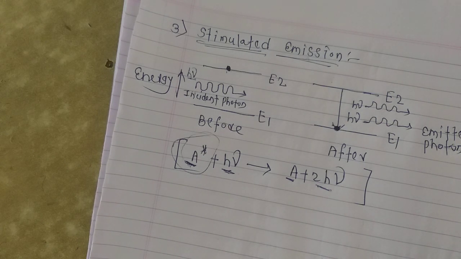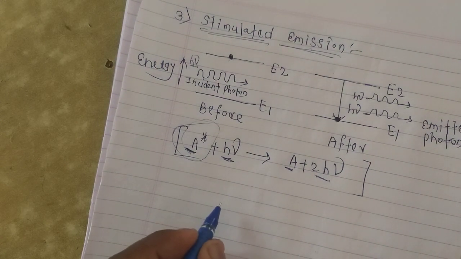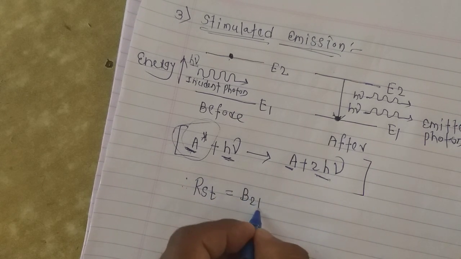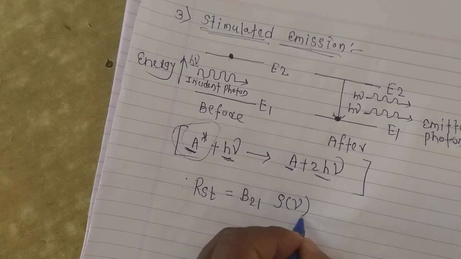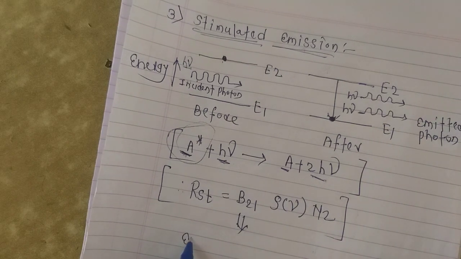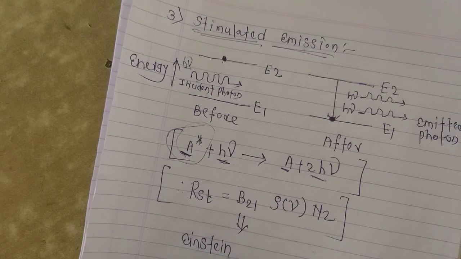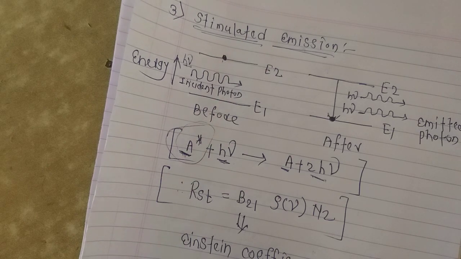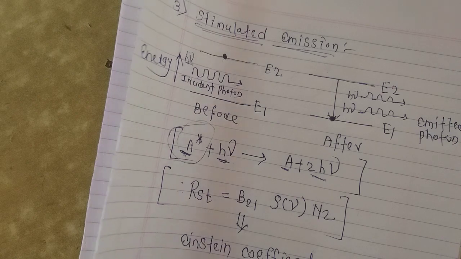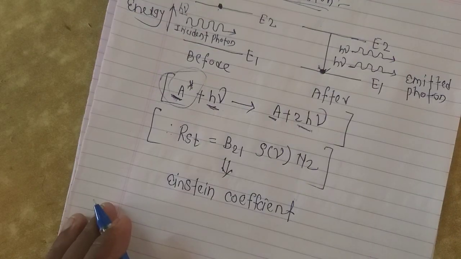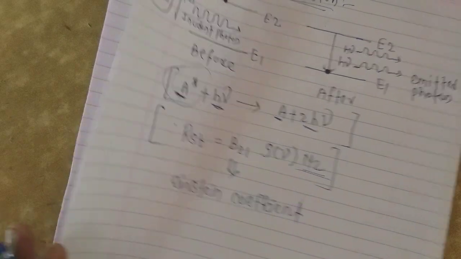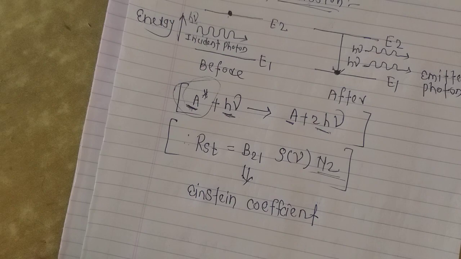The rate of that stimulated emission of photons is R_st equal to B21 rho nu N2, where B21 is the Einstein coefficient of stimulated emission, and N2 is the number of atoms per unit volume in energy level E2.